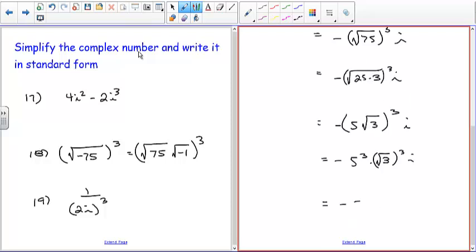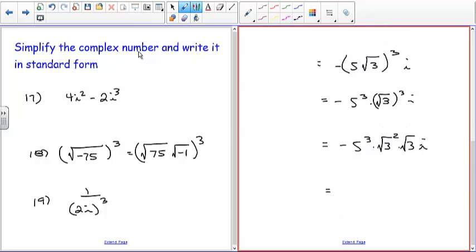Then you'd have negative 5 cubed, and then the square root of 3 squared times the square root of 3 times i. But the square root of 3 squared is 9, so you'd end up with 9 times 5 cubed times the square root of 3 times i. And if we multiply all that out, 9 times 5 cubed is 1025. So you get negative 1025 square root of 3 times i.